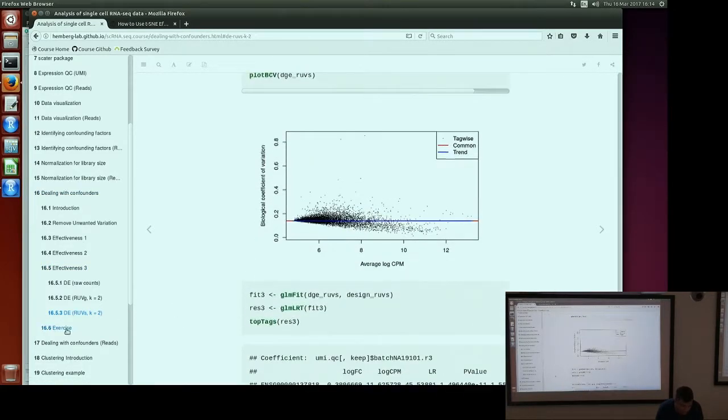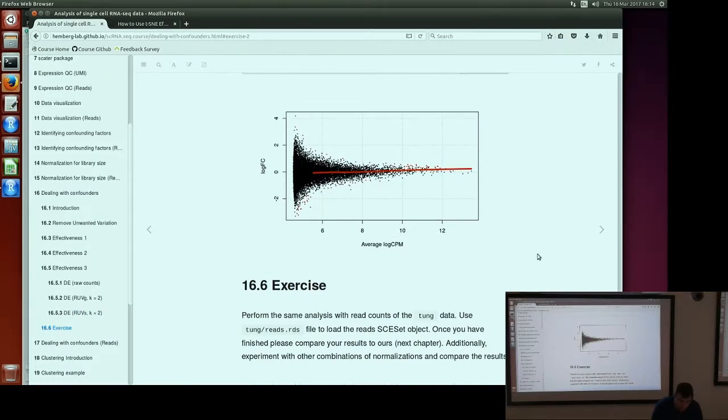The final thing is an exercise, to try this similar thing on the read data again. But are there any questions on any aspects of that before we let you do it?